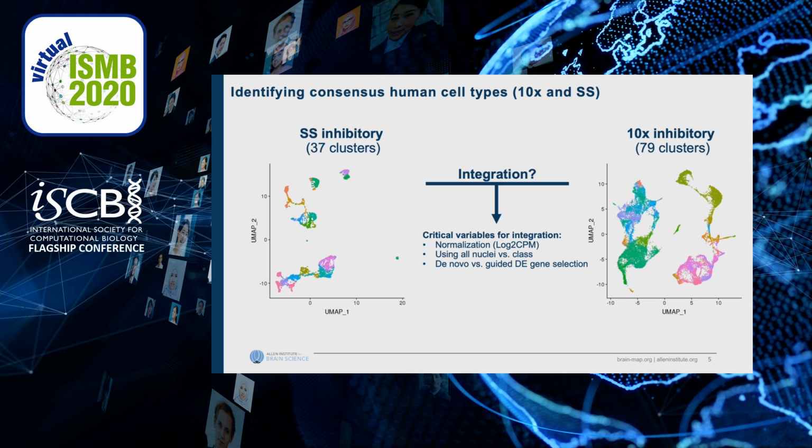I also found that integrating each class with itself, for example, the inhibitory with inhibitory, instead of trying to integrate all the cell classes at once in a single integration, tended to help. And lastly, finding marker genes for each cluster within each independent data set and then using the union of these gene lists as input, rather than finding de novo high variance genes, seemed to really improve detection of especially the rare cell types.